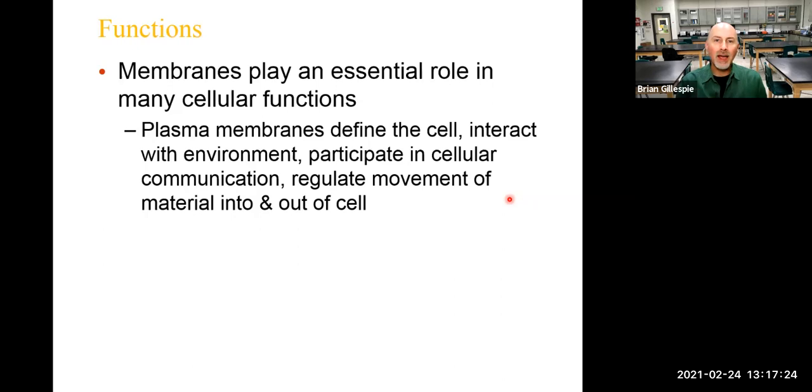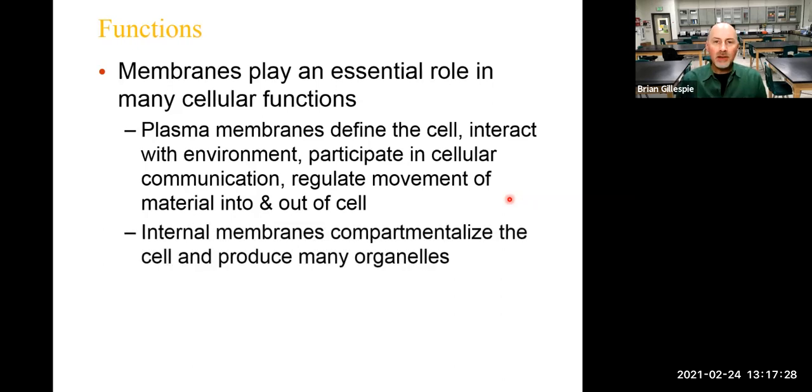And now that's just the plasma membrane, which is the outer portion of any cell's membrane. Most cells, with the exception of some of the simple prokaryotic cells that we call bacteria, have a whole bunch of internal membranes, and those play a very important role in compartmentalizing the cell so that different sections of the cell can specialize in particular aspects of life functions, whether certain areas are relegated to performing protein synthesis.